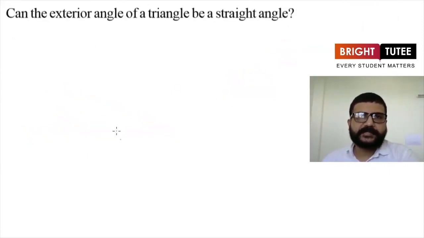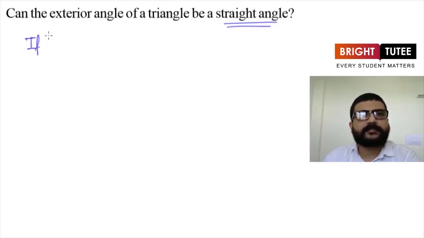Now the next question is, can the exterior angle of a triangle be a straight angle? What do you think? Is it possible that an exterior angle is straight angle, that is it measures 180 degrees? So let's assume that if possible an exterior angle is equal to 180 degrees.